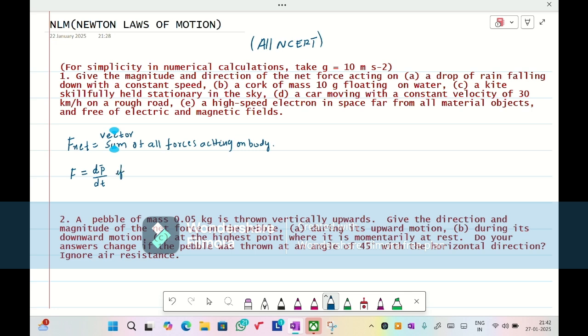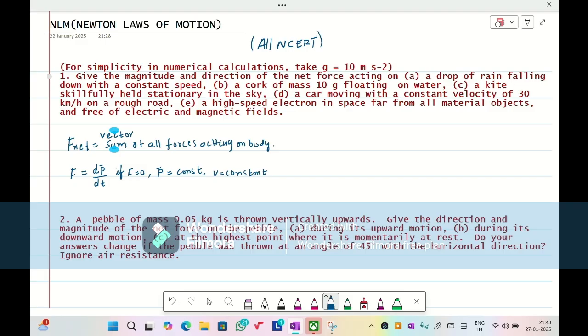If force is equal to 0, p is equal to constant, so velocity is also constant. Now based on this concept, we will complete it.